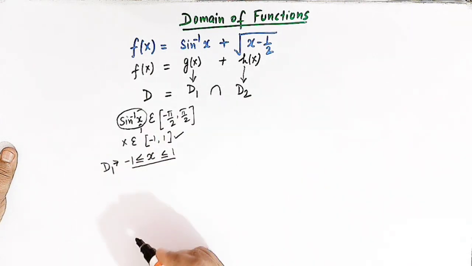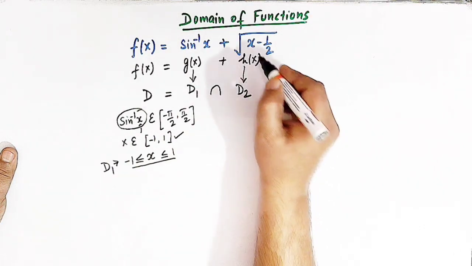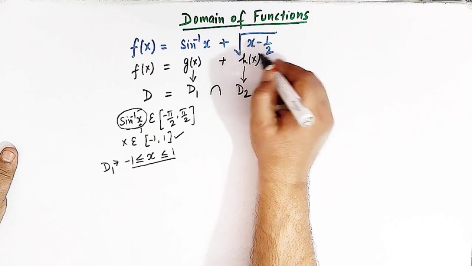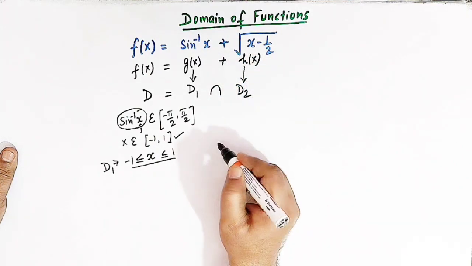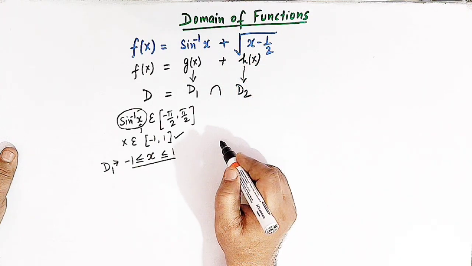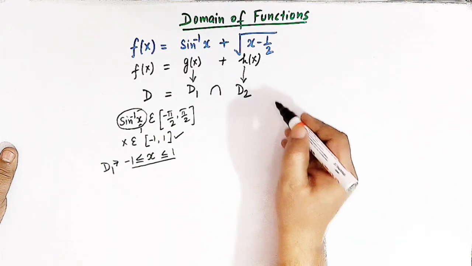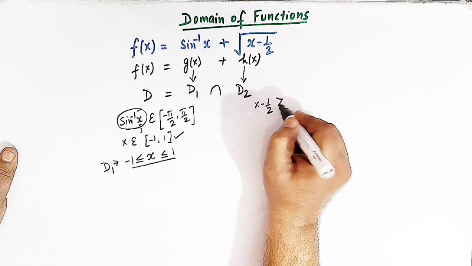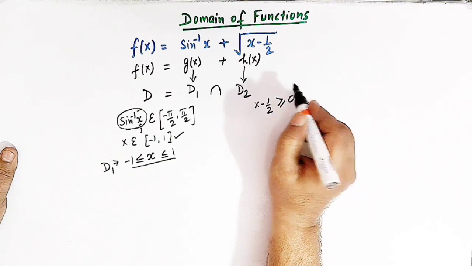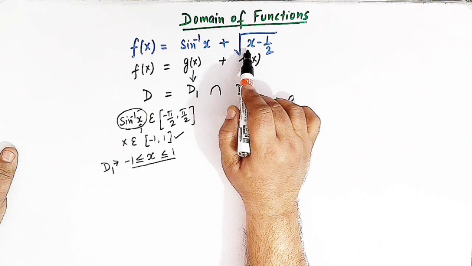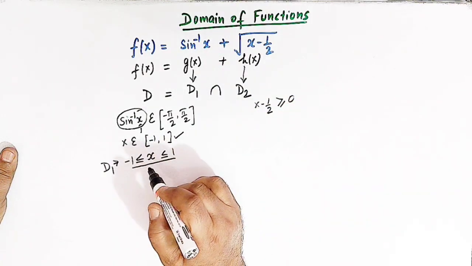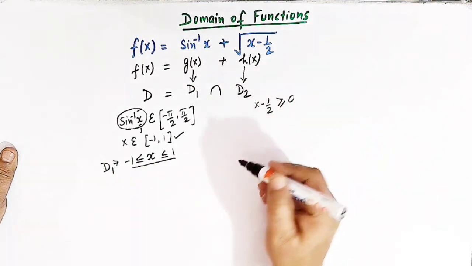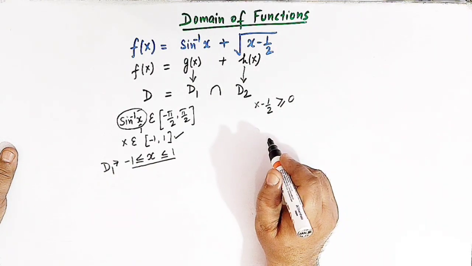Now let us find out D2. Here we have the square root function, and anything inside the square root has to be positive or equal to 0, because x minus half should be greater than or equal to 0. We cannot have a negative number inside the square root sign, since then the number does not belong to the set of real numbers, right?